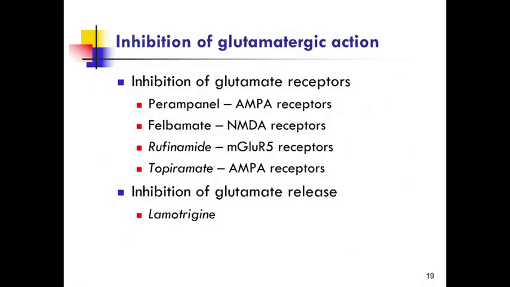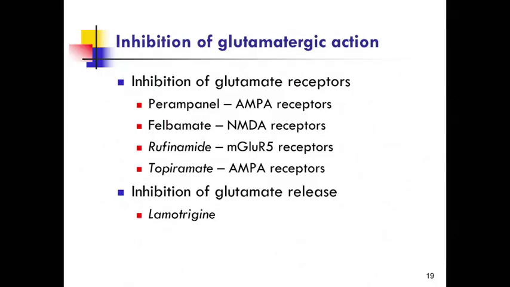Then inhibitors of glutamate. Perampanel affects a glutamate receptor called the AMPA receptor. Felbamate, NMDA receptor, all these are glutamate receptors. Fenobam also affects the metabotropic glutamate receptor type 5.